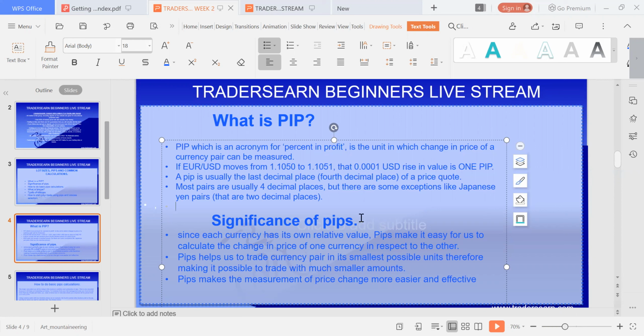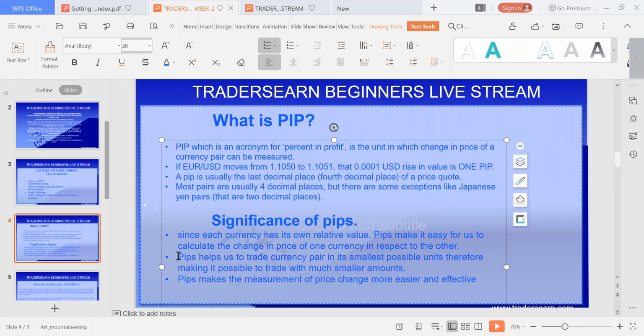That is why we use pips. A pip is a general measure we use to calculate the difference in the price of a particular currency pair. Without the help of pips, it would not be easy for us to do this.